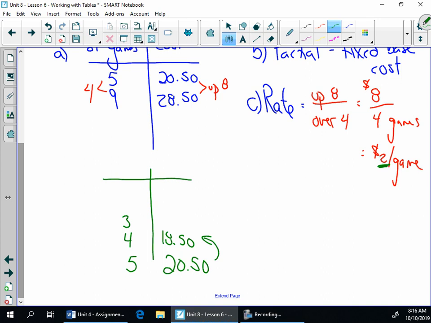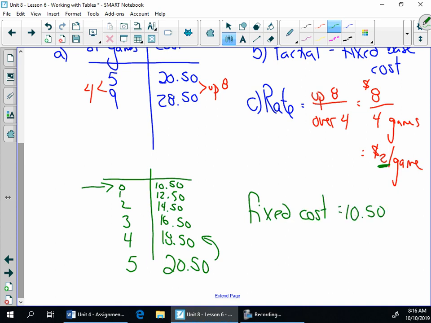For 3 games, it would cost $16.50. 2 would be $14.50. 1 would be $12.50. And no games costs me $10.50. And that's the key point I need right there. That's my initial value. My fixed cost is $10.50. And I can write out the entire table every time.